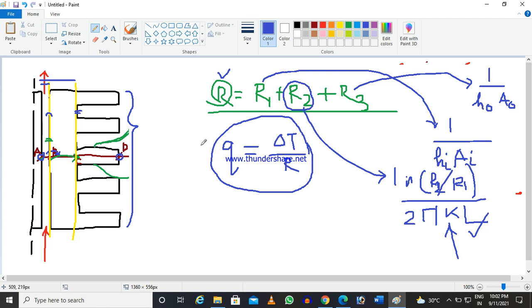So how to find out this overall heat transfer coefficient? Overall heat transfer rate. So today it is very simple. You have to do the analysis, that means in CFD, conjugate heat transfer, where the coupling is, conjugate heat transfer means the heat transfer with flow.